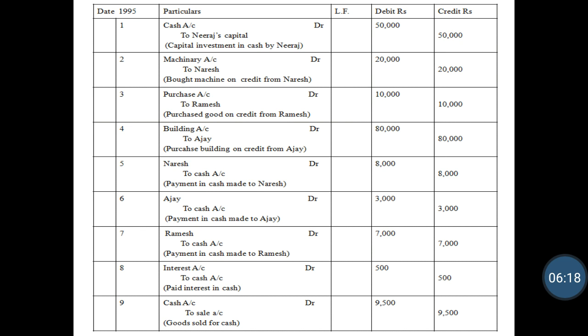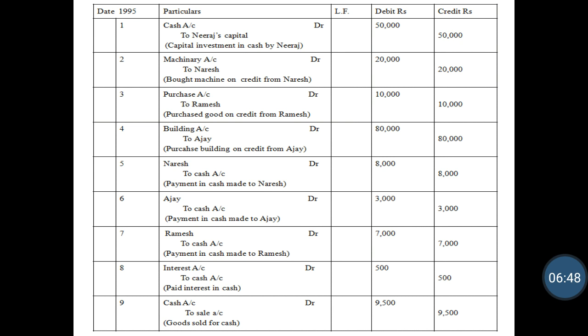In the journal, different accounts are there, like cash account, machinery account, purchase account, building account, then Naresh account, Ajay account, Raymond account, then interest and cash account. In preparing the ledger, prepare a separate account for each, that means personal account, nominal account and real account.